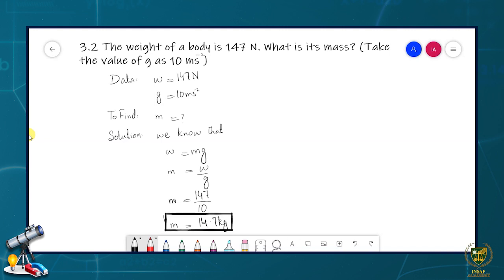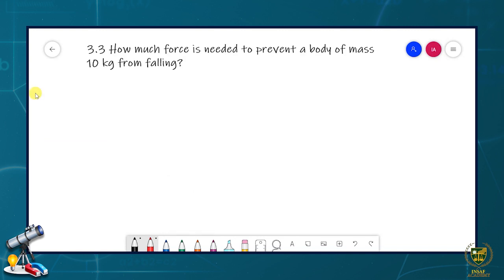And you have to write down the result, which is the mass of body is 14.7 Newton. Clear? Now move towards the next numerical, which is 3.3.